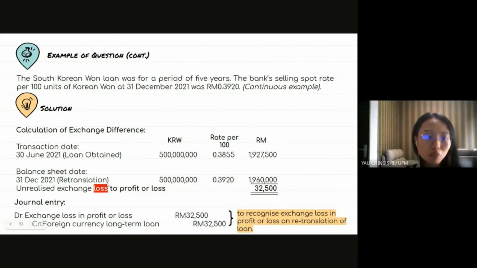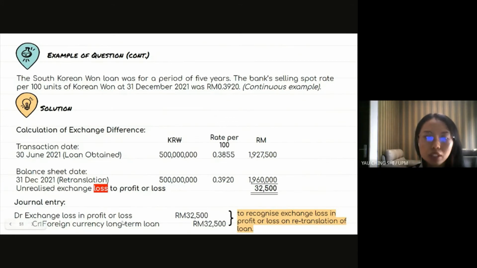For the balance sheet date, 31st of December 2021, the retranslation will be 500 million won, still the same currency. We will multiply with this one and then divide by 100, resulting in this number. So the difference between these two will result in an unrealized exchange loss. This is because the amount at the balance sheet date is higher. Therefore, we presume that we will need to pay a higher loan.